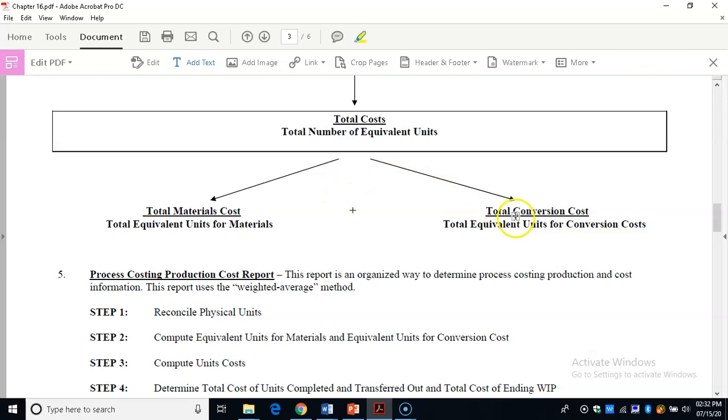Here, I take total conversion cost, that's labor and overhead, and I divide it by the total equivalent units for conversion cost. So you can see that I'm just putting all the material stuff on the left side and all the conversion cost stuff on the right side. Hopefully this makes a little bit of sense conceptually. Once we do a problem together, it'll make a lot more sense.